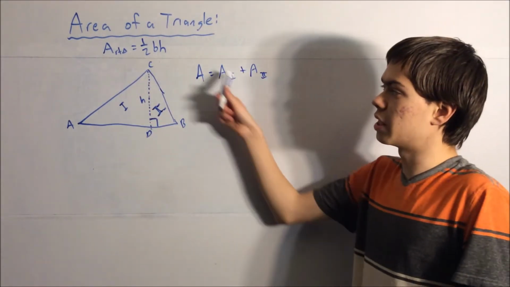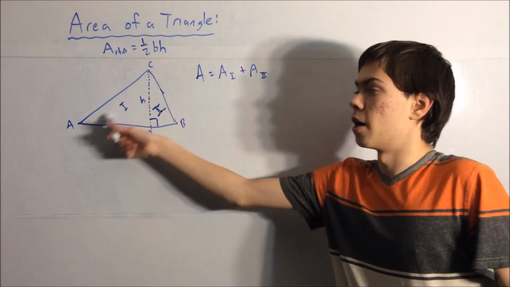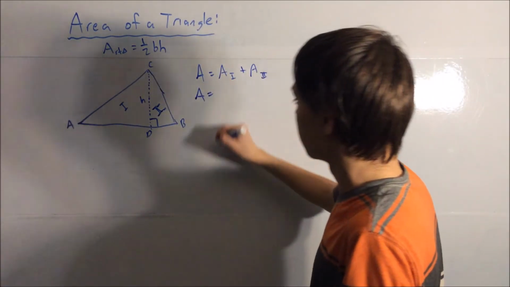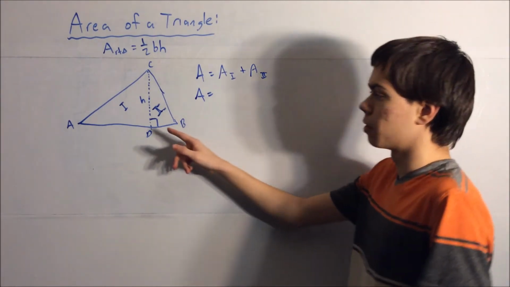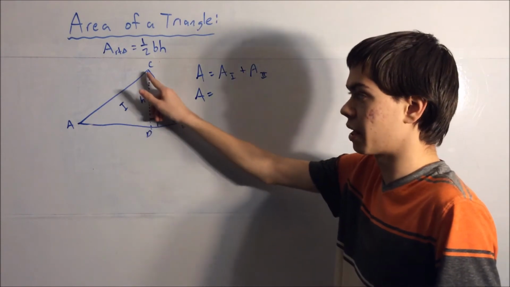And since we know the area of a right triangle, we can use that to find the area of any triangle, right? And so you can try that. So how would we find the area of 1? Well, remember, it's just going to be 1/2 base times height, right?